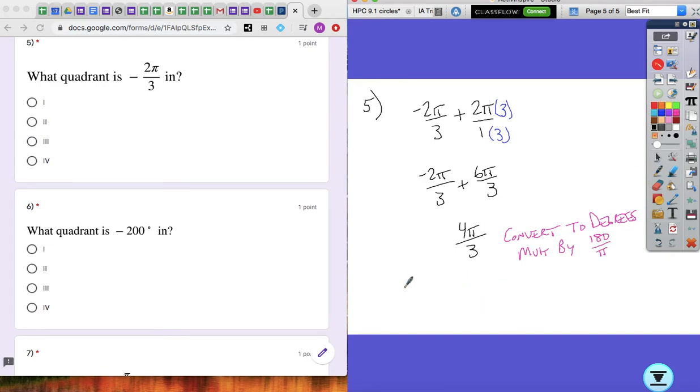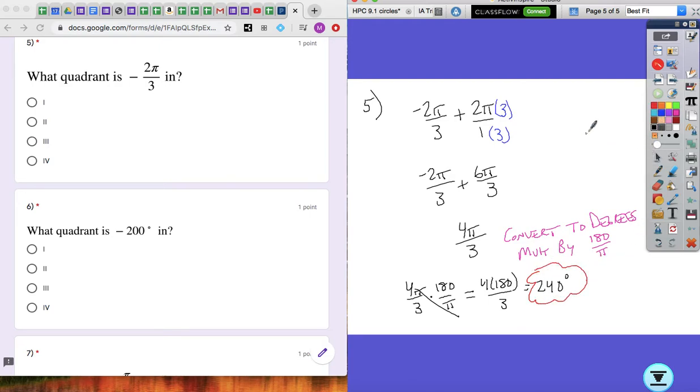So if I take this 4 pi over 3 and I multiply by 180 over pi, the pi's will cancel, and I'll do 4 times 180 divided by 3, and I will get 240 degrees. Now, if that makes more sense in degrees, then go for it.